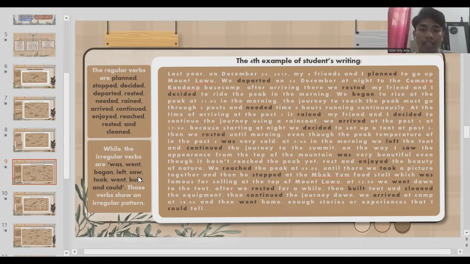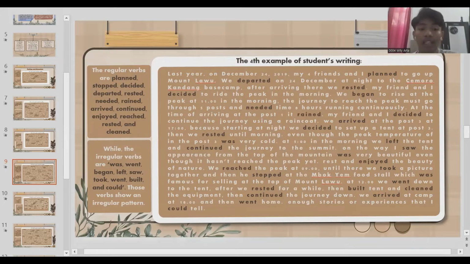Verb 1 is stop, changed to verb 2 stopped. The common regular verb is formed by adding ed. For example, verb 1 is depart, changed to verb 2 departed. Verb 1 is rest, then changed to verb 2 rested.